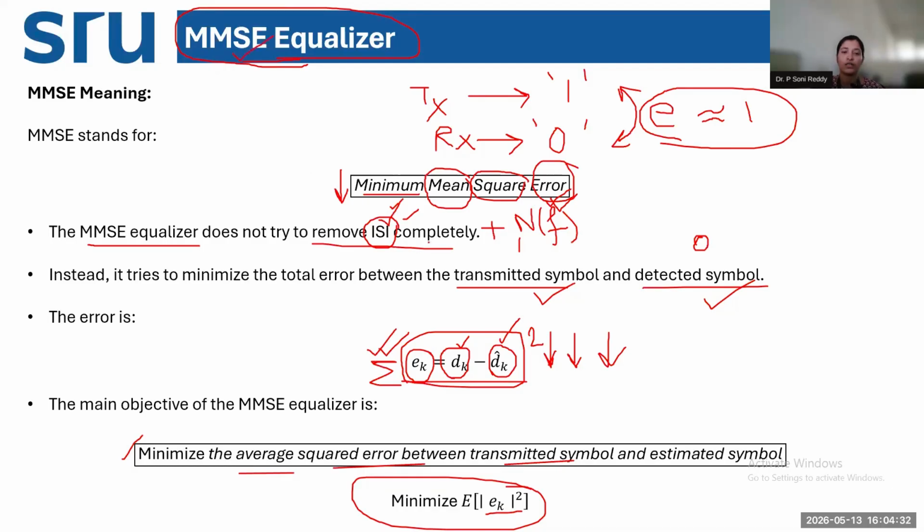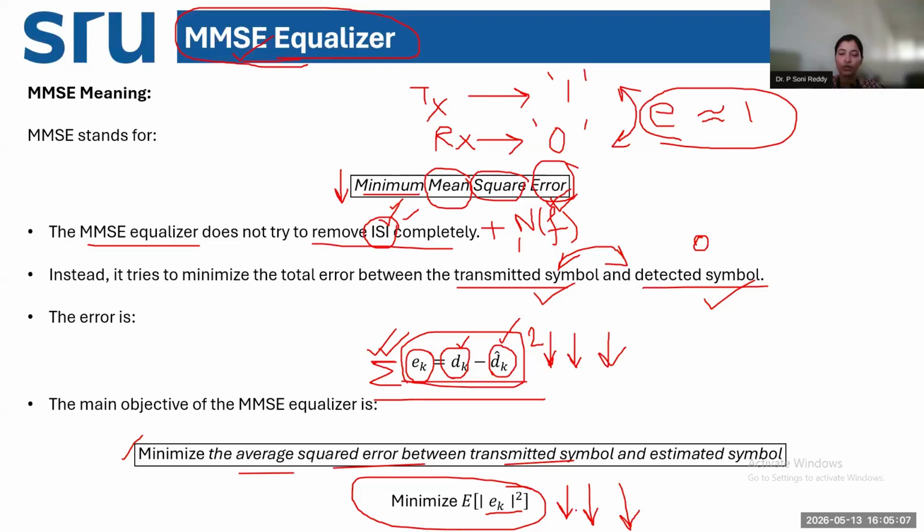But the MMSE equalizer does not focus only on the ISI or the noise. What is it focusing on? It is focusing on the actual error, okay, the actual error or the difference between the transmitted and the received signal. It will try to calculate that error, take a square and the mean value of this error function, and make the changes, or optimize its multiplication factors, in such a way that this error can be made as small as possible.